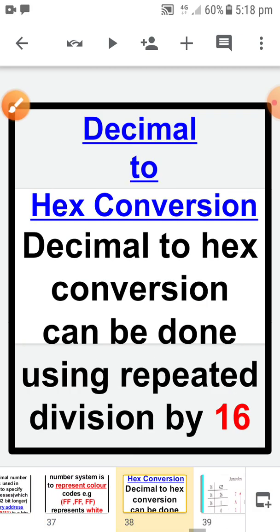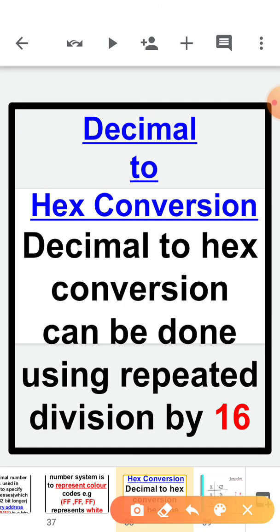Okay, now like in every number system we have done conversions in different ways, like binary to decimal, binary to octal, octal to binary, octal to decimal. In the same manner we will do conversion in this also. The first conversion is decimal to hexa conversion.